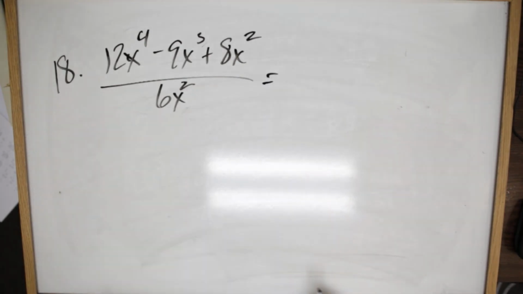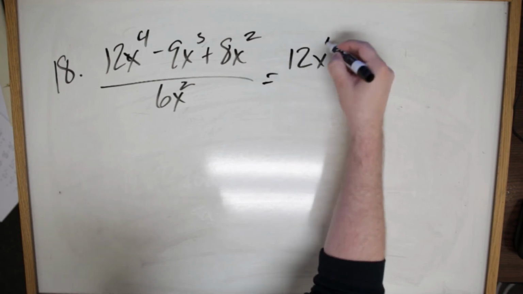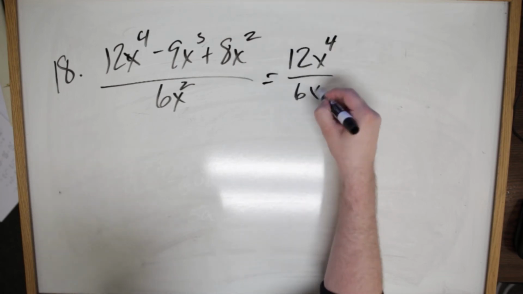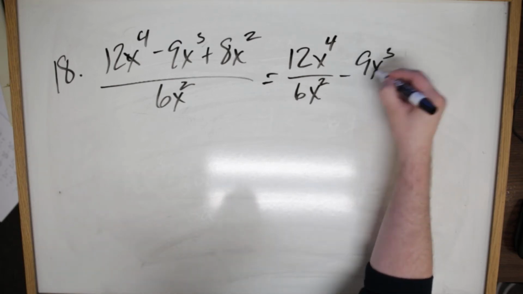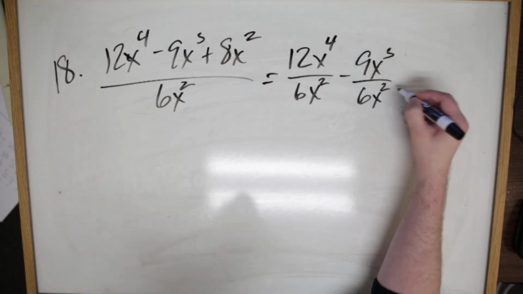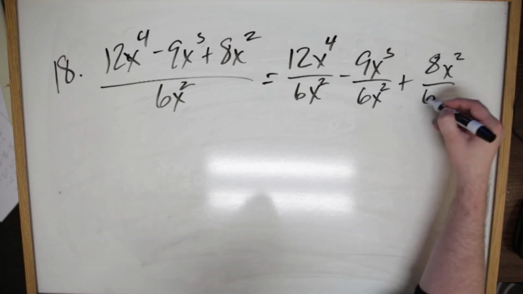So here, again, it's the same idea. We're going to just write it out: 12x to the fourth all over 6x squared minus 9x to the third over 6x squared plus 8x squared all over 6x squared.